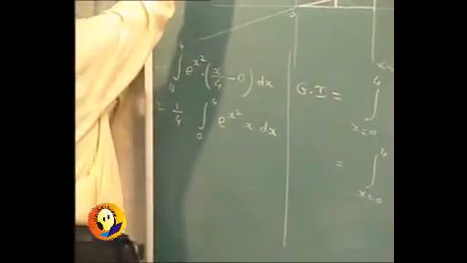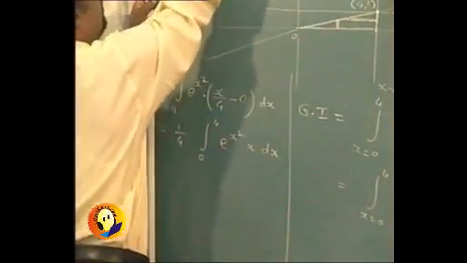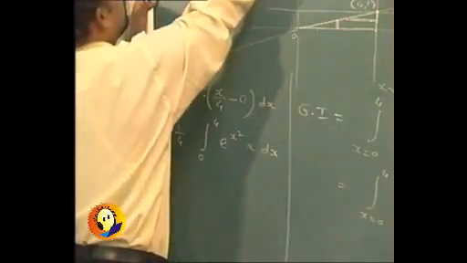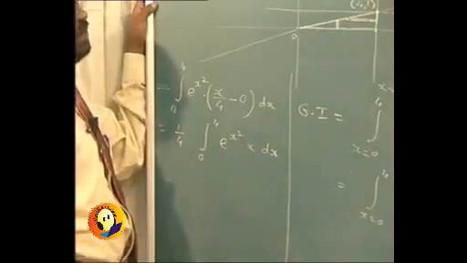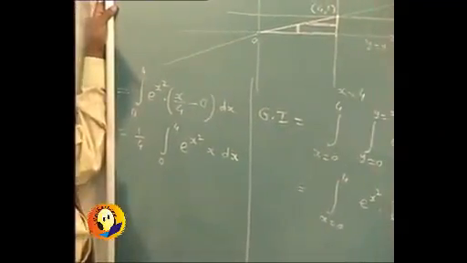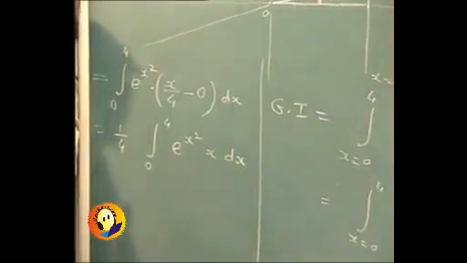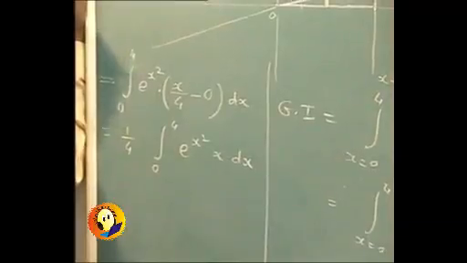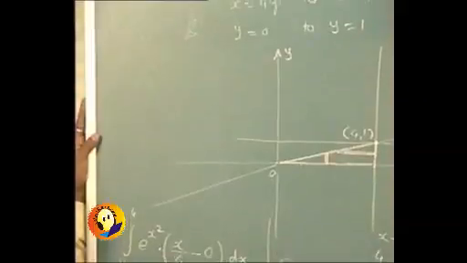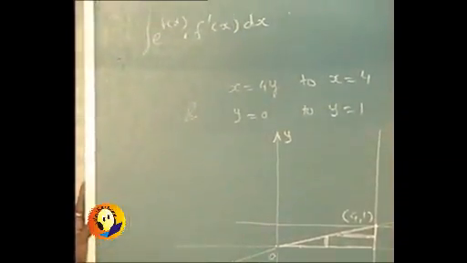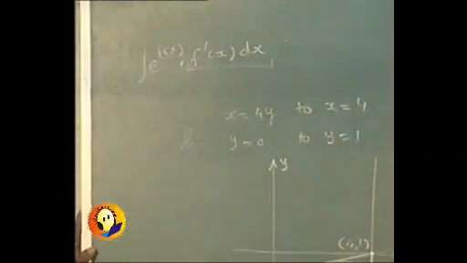Using the formula integral e raised to f(x) into f dash x dx, with the substitution in mind as f(x) equal to t, therefore f dash x dx is dt. I repeat, e raised to f(x) into f dash x dx, with the substitution f(x) equal to t, we will have f dash x dx as dt, and so this integral will turn out to be e raised to t into dt.